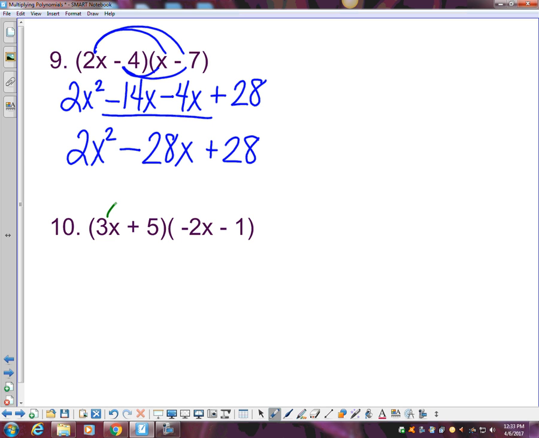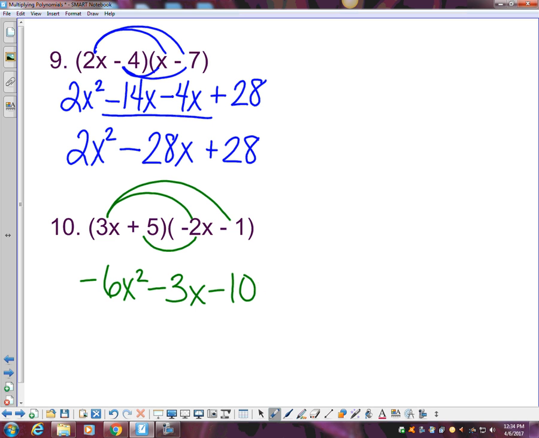Okay, so let's check out number 10. So I'm going to take the 3x and I'm going to multiply it by negative 2x. So 3x times negative 2x is a negative 6x squared. Then a 3x times a negative 1 is a negative 3x. Positive 5 times negative 2x is a negative 10x.